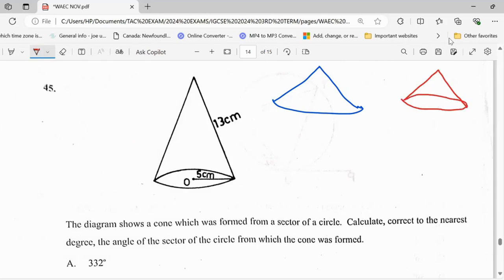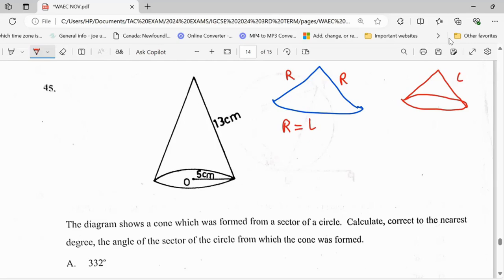Now, let's call the radius of this sector big R. When we fold this sector, we will observe that the radius of the sector will become the slant height of the cone.